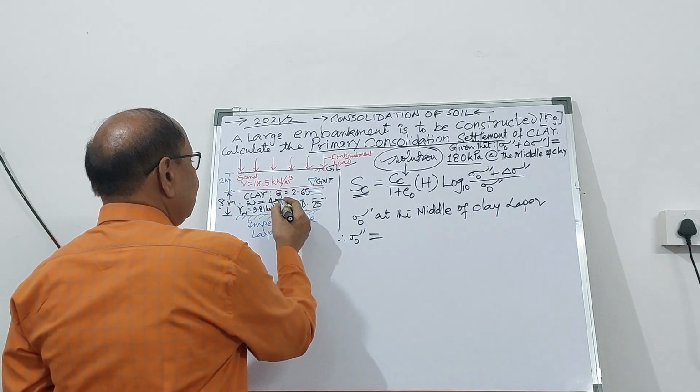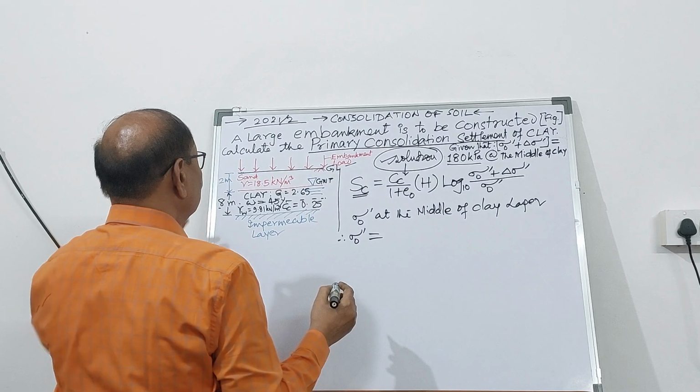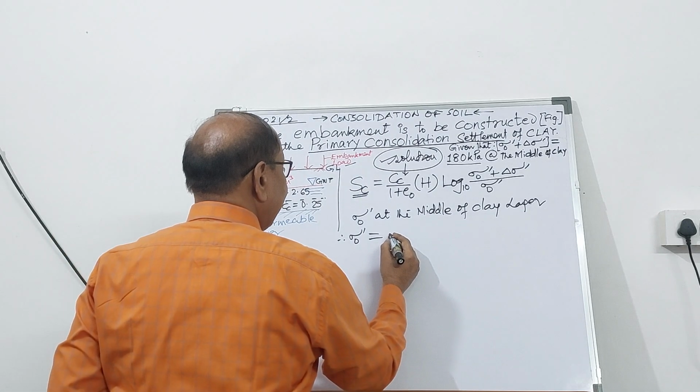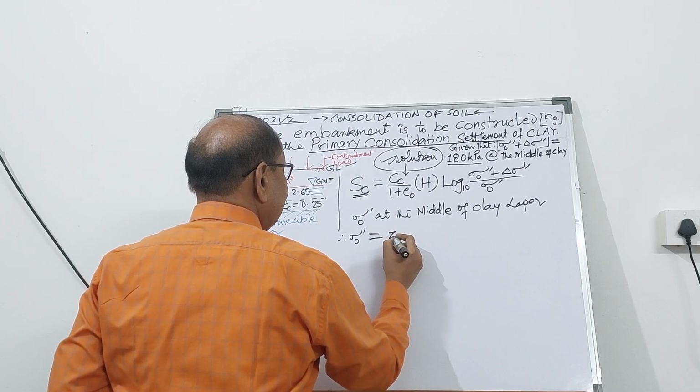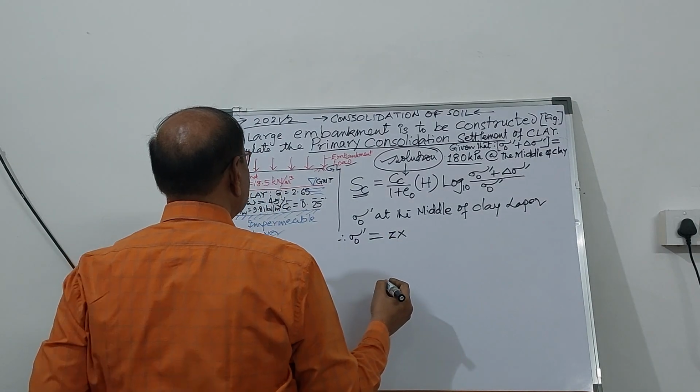So at the middle, for the first 2 meter, the unit weight, so z multiplied by gamma.